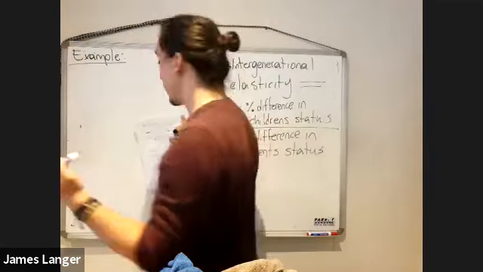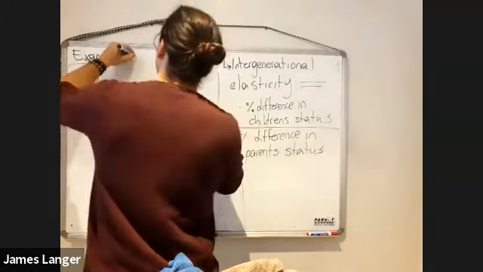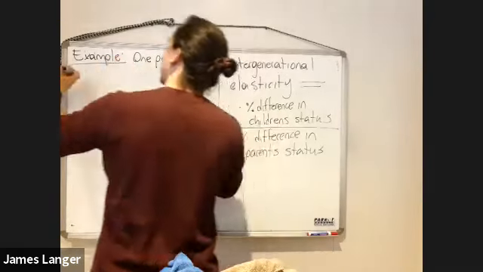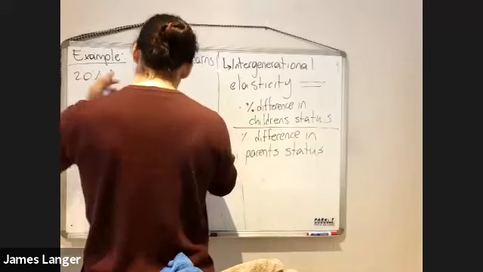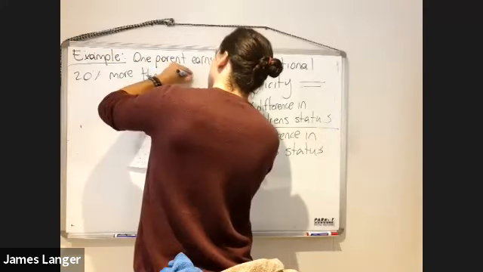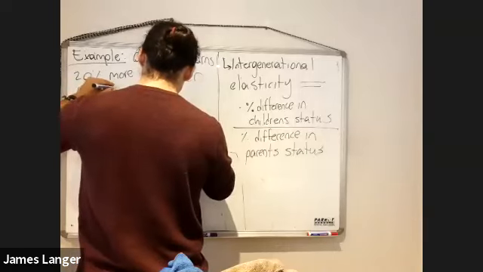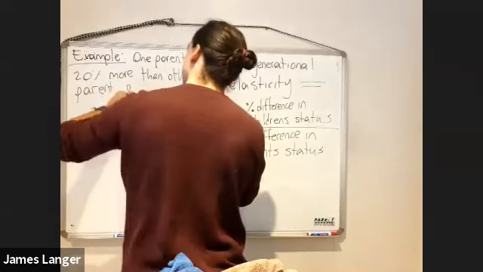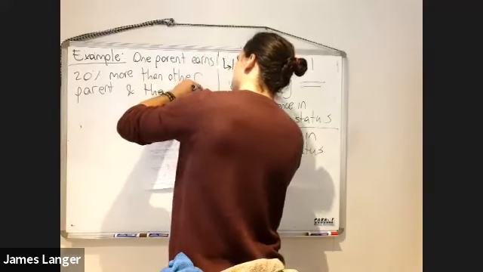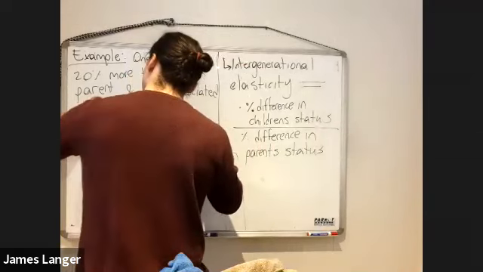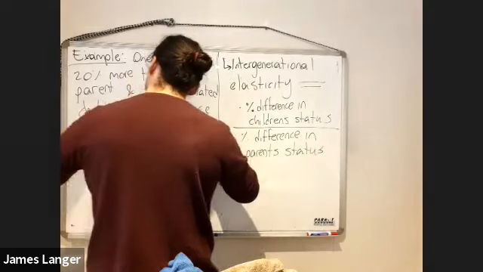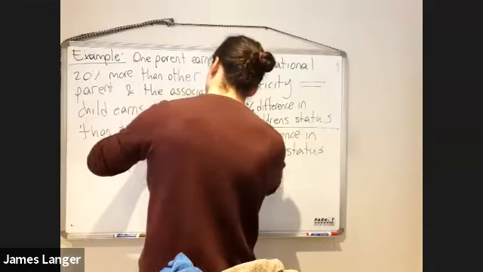You've got two parents. One parent earns 20% more than the other parent, and the associated child earns 14% more than the other child.